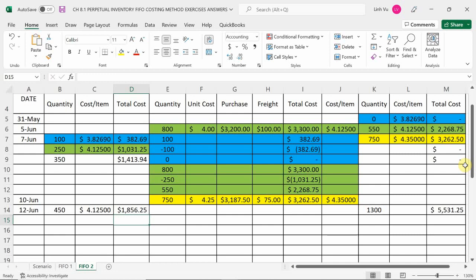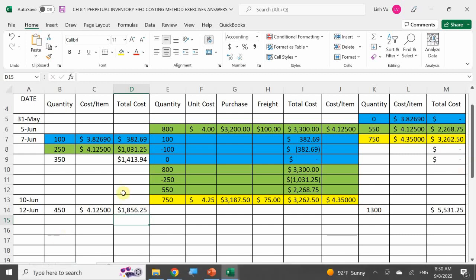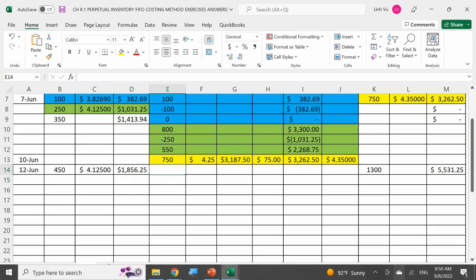So now I need to update my green batch of inventory here. Because now, right, I started out with 550 and I just sold 450. So I should have 100 left. Right. Okay.